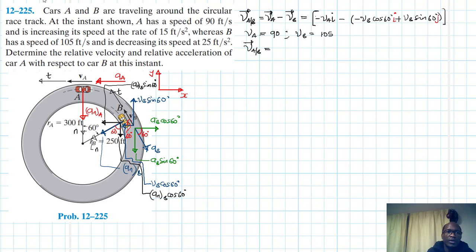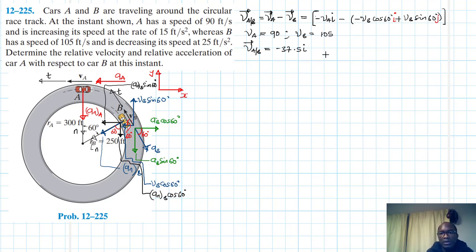So we have minus 90 plus v_B, which is 105 cos 60. This gives us minus 37.5i.